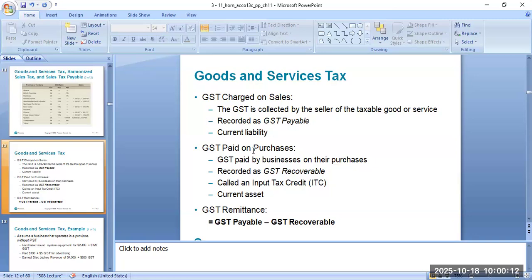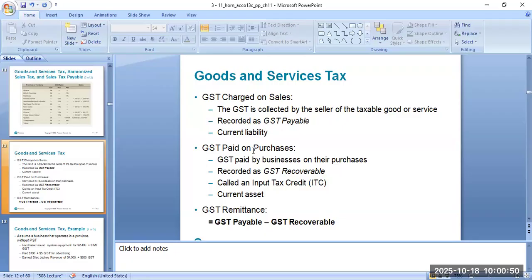Now, at some point, the company has to figure out what to do with those, because we start accumulating the GST payable on one side, which is a liability, and GST recoverable on the other side. At some point, the company has to compare those two numbers, see which one is higher, what the difference is, and then either remit the difference to the government or ask for a refund from the government.